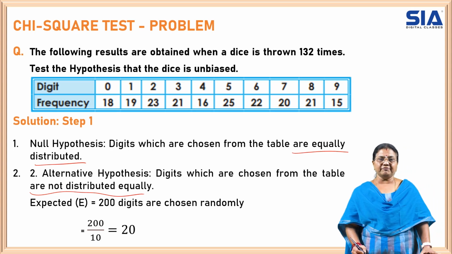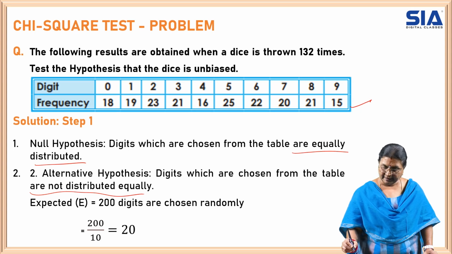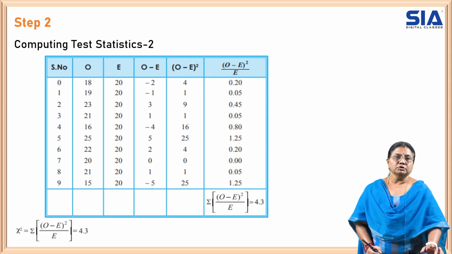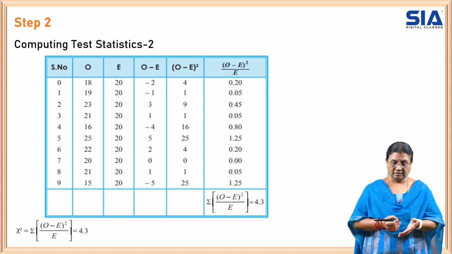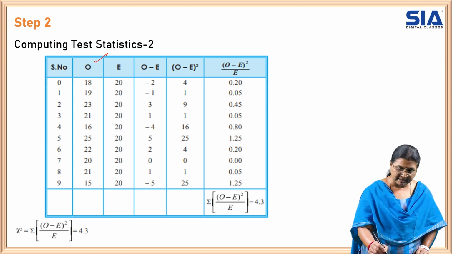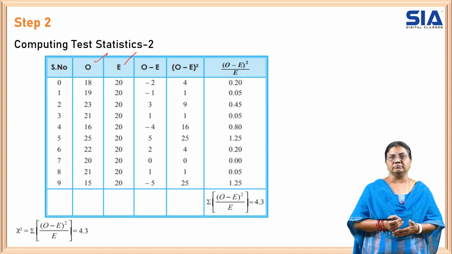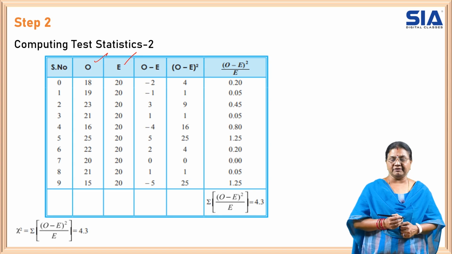Here the expected frequency is the total of the observations, that is 200, divided by 10. It is 20. The data is put in tabular form, the observed frequency and expected frequency. Here we are trying to determine the difference between the observed frequency and the expected frequency.